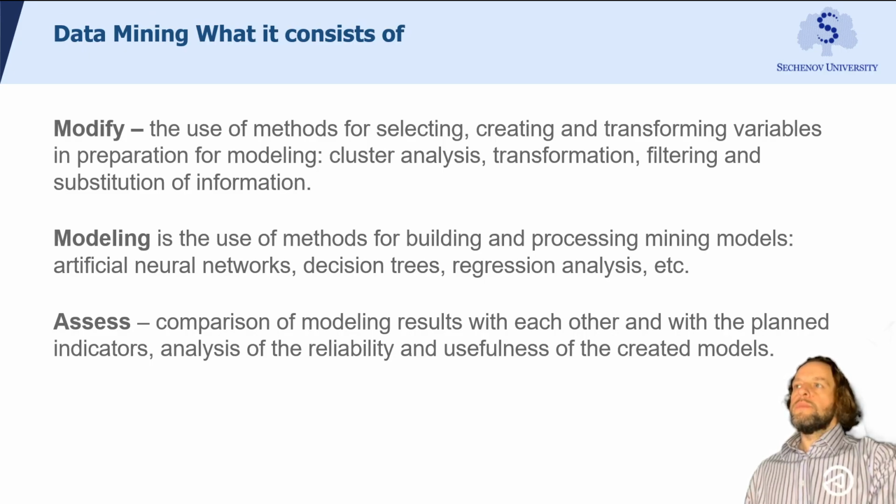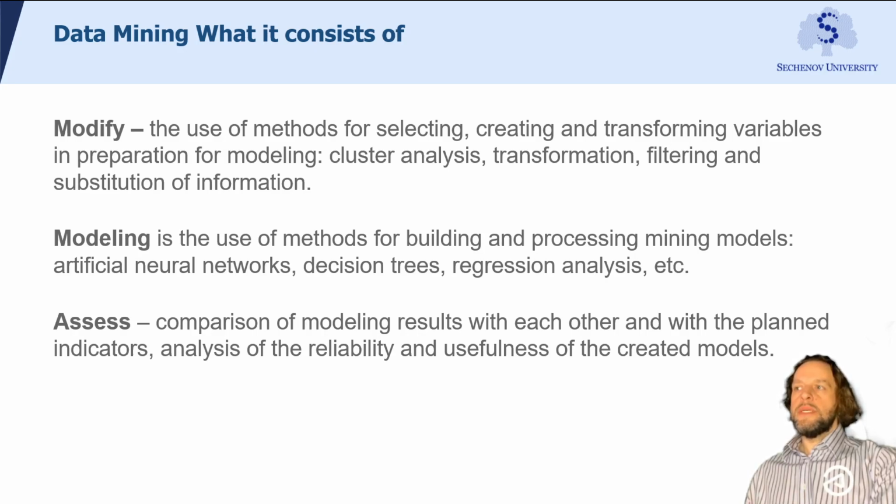After that, we will be able to modify certain parts of this data set, so it will enable next steps of analyzing. It could be transformations, filtering, substitution of information, replacements, and so on. Next step will be creation of a model which we will use to analyze this data.